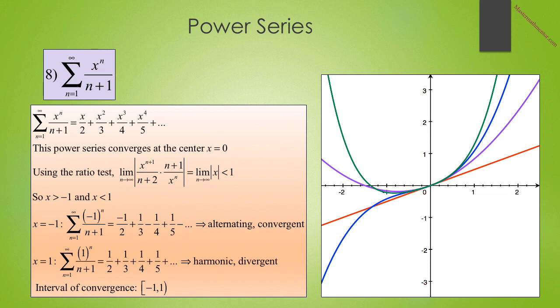But notice that around x equal to 1, they start to diverge to infinity much faster than around x equal to negative 1. That is because the series is still convergent at x equal to negative 1, while at x equal to 1, it is divergent.